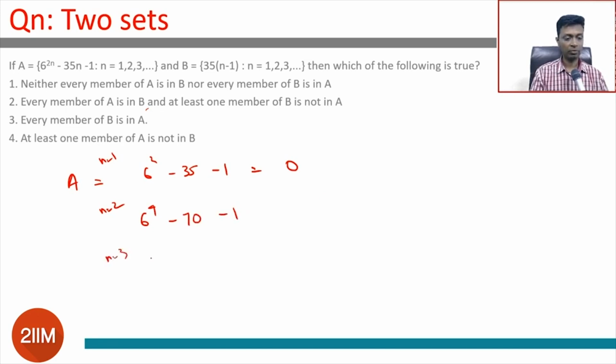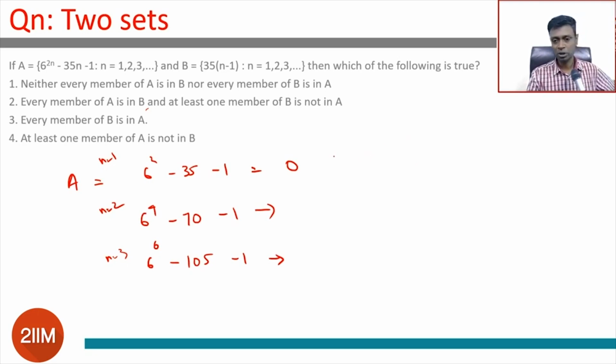N equal to 3: 6 power 6 minus 105 minus 1. I can already sense that A becomes larger and larger the more we put, because it goes 6 square, 6 power 4, 6 power 6, 6 power 8. A runs away from us, becomes bigger and bigger.